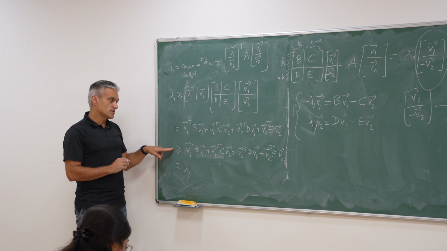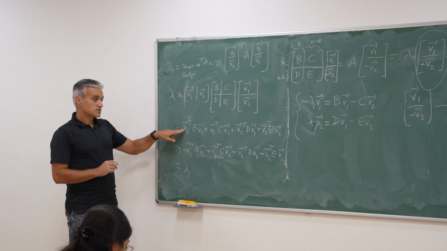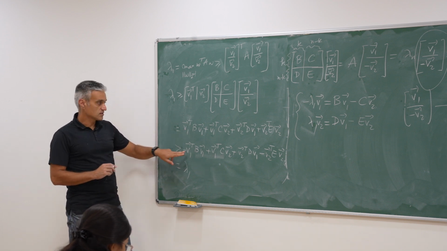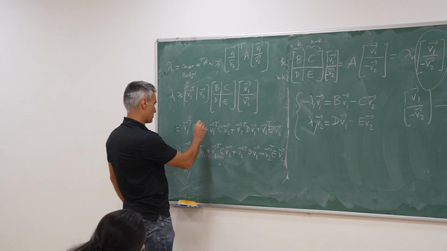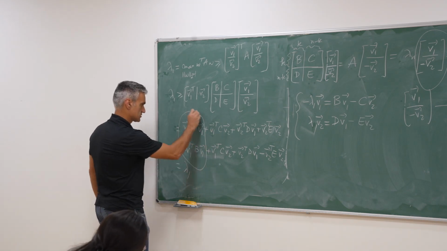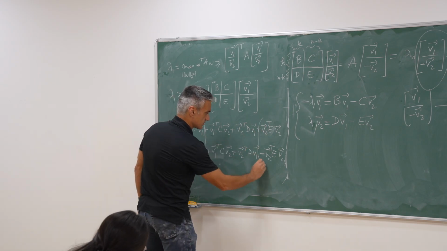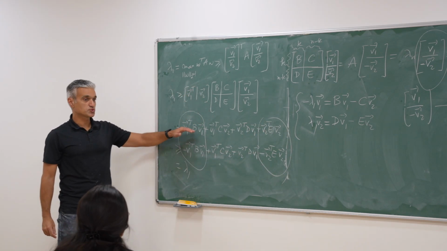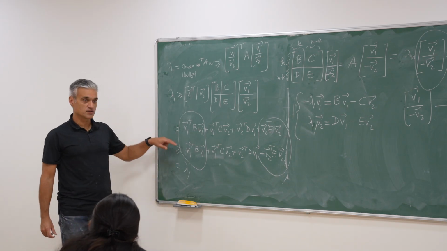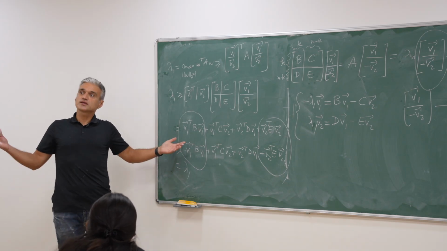So if you have equality here, what must happen? This thing has to equal this thing, and this thing has to equal this, because these are the two terms that are different, so they have to be equal. So how can they be equal?